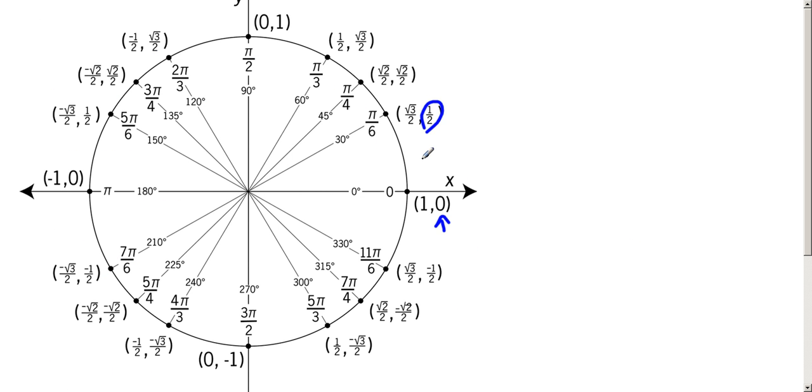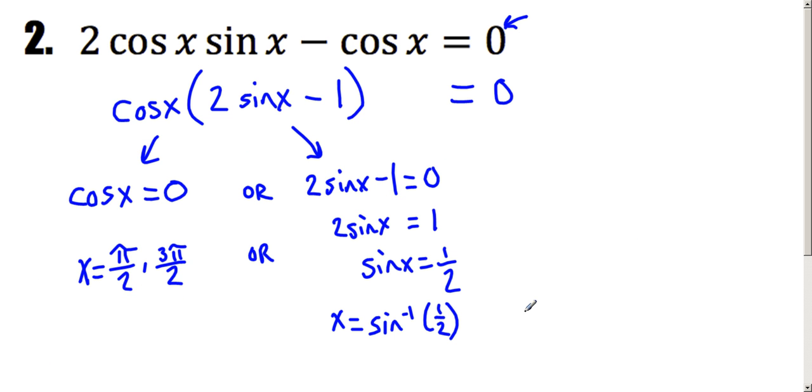Sine of 1/2 here, and then if we keep that same y value, then sine of 1/2 here. So we've got pi over 6 and 5 pi over 6. Okay, so those are our two solutions we got from this factor.